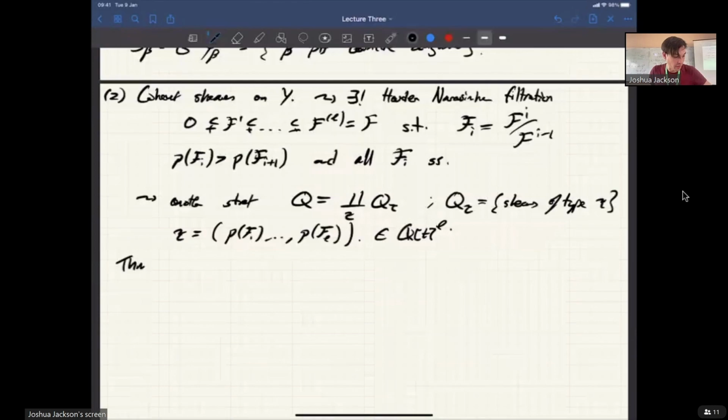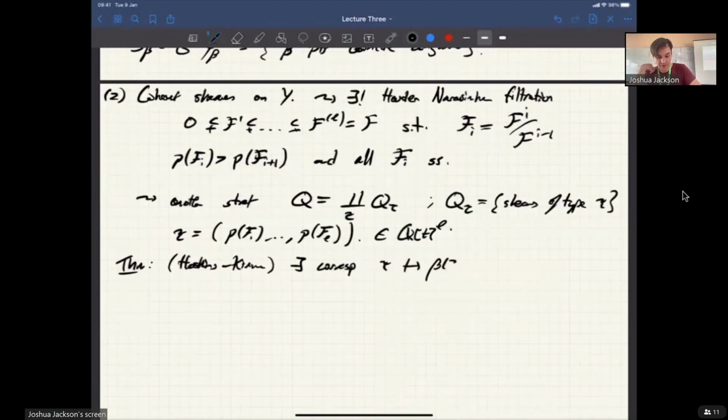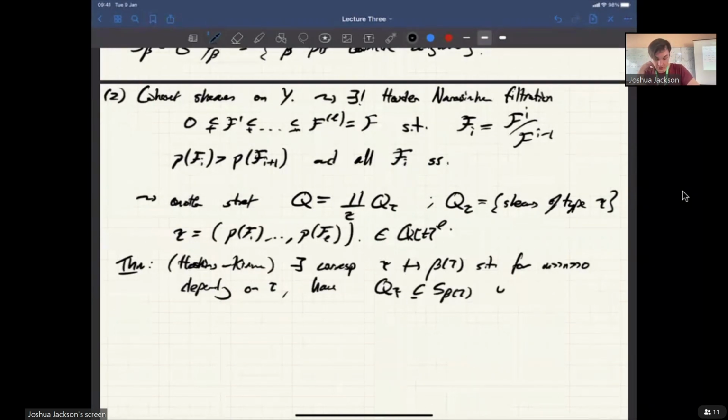So let me tell you the theorem, which is due to Hoskins and Cohen. And this says that there exists a correspondence tau goes to beta of tau such that if you take the parameters in the construction sufficiently large, depending on tau, we have that Q tau is inside S beta tau as a union of connected components.